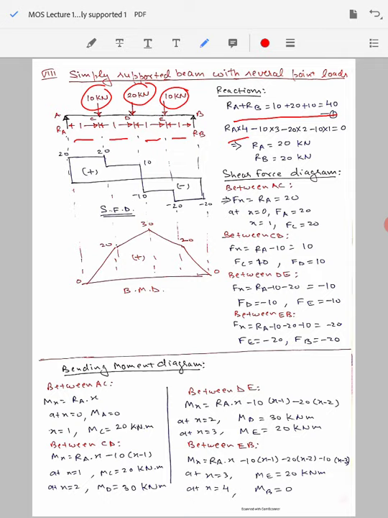Then the 10 kilonewton force acts at a 3 meter distance, so you get minus 10 into 3. The second force is 20 kilonewton acting at a 2 meter distance, so minus 20 into 2. Then there is a 10 kilonewton load at a 1 meter distance, so minus 10 into 1. This equation is going to give you RA as 20 kilonewton and RB as 20 kilonewton.